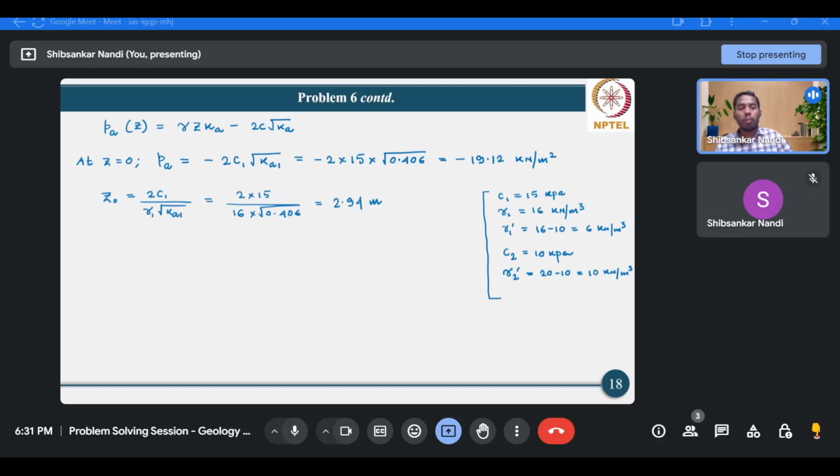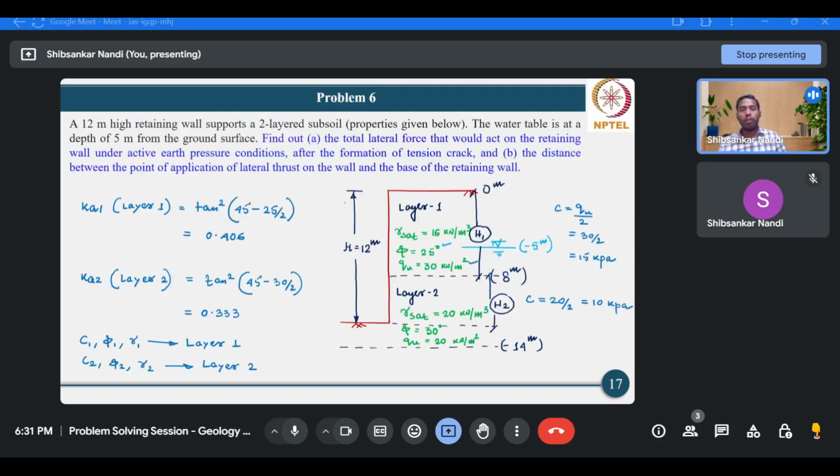So these are the properties of layer 1 and layer 2, and we calculated the depth of tension crack for the top layer, and that is 2.94 meters.